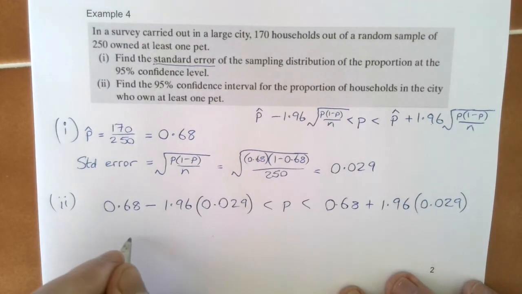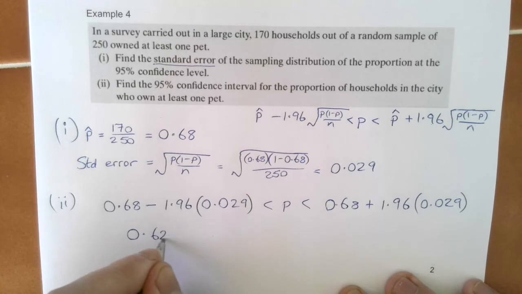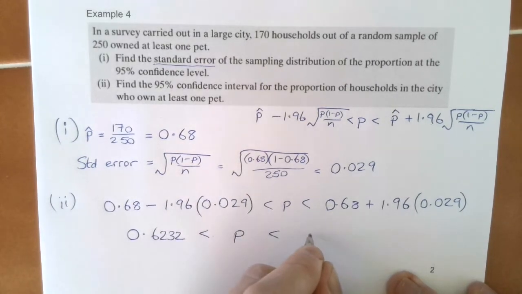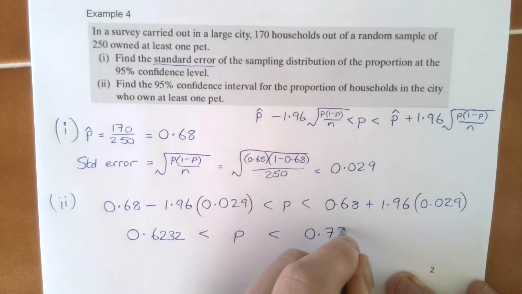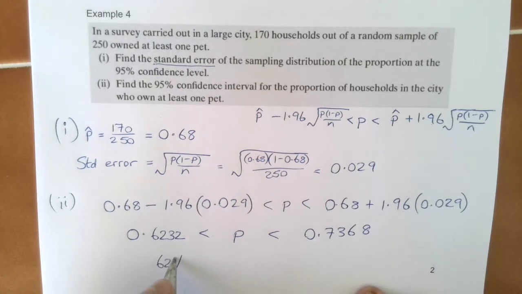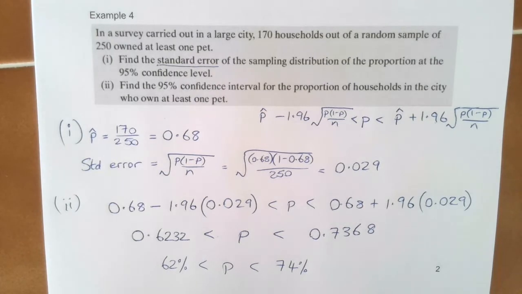So the left hand side is going to be equal to 0.6232, and then the right hand side is going to be equal to 0.7368. So we know it's approximately between 62% and 74%. Now you can see it's a much more accurate answer than the previous types of questions when we're using just the margin of error formula.